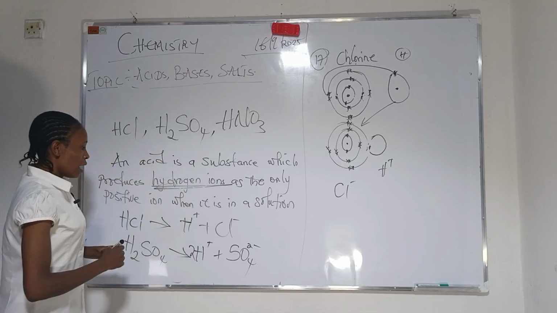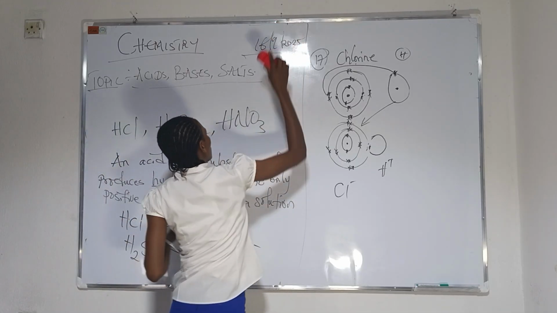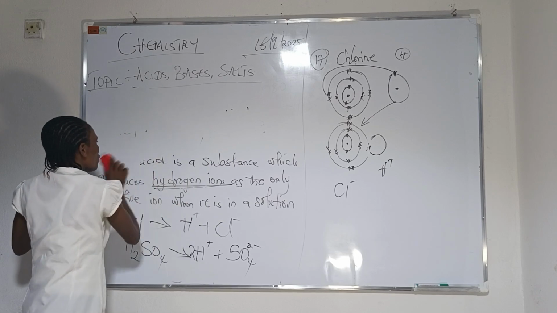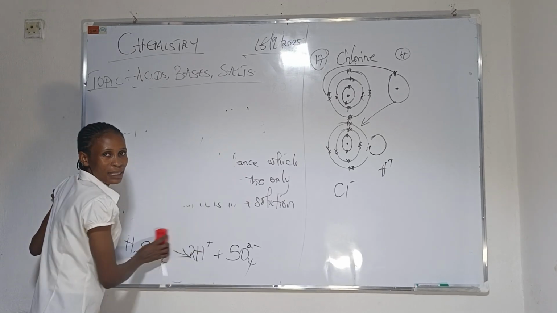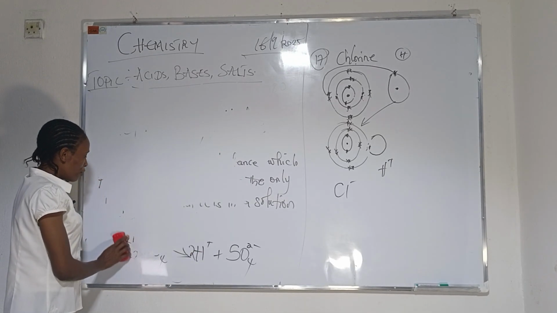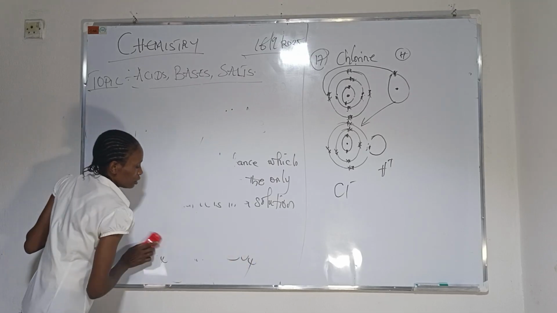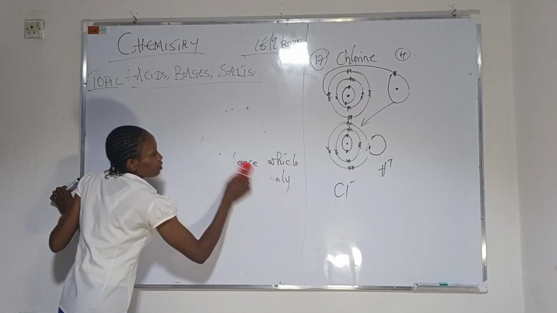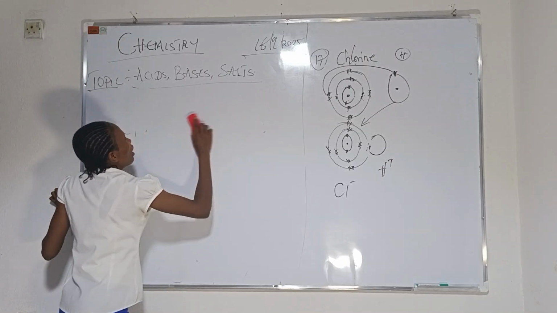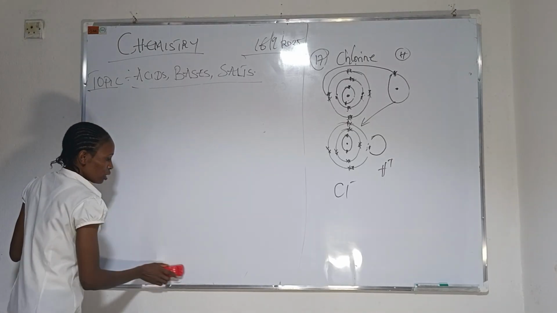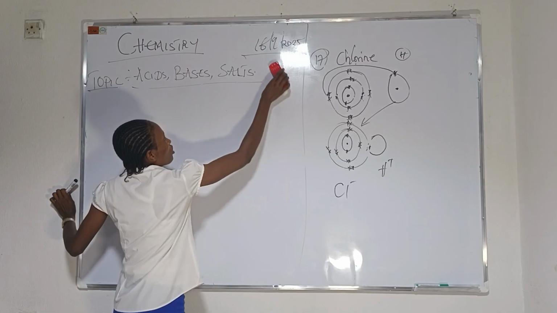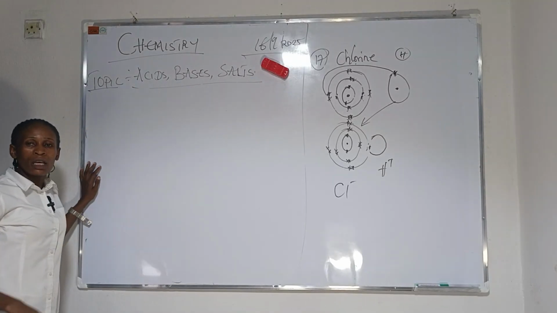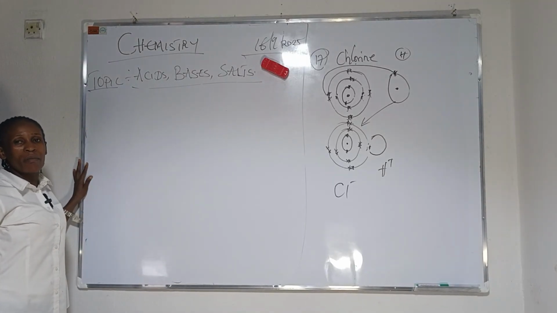All right, I want to take us to the second definition, because I said when I was starting that we have a modification on the definition of acid. It says an acid is a substance that produces hydroxonium ion.